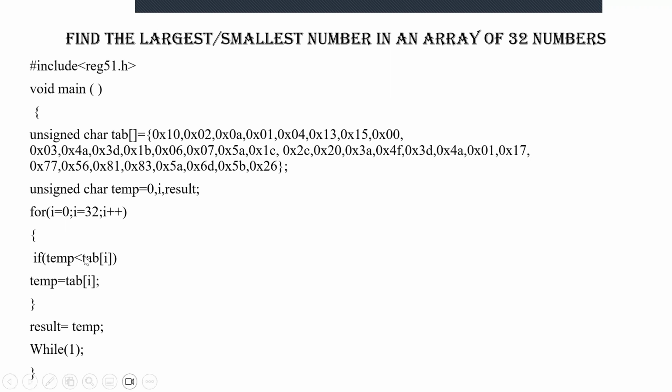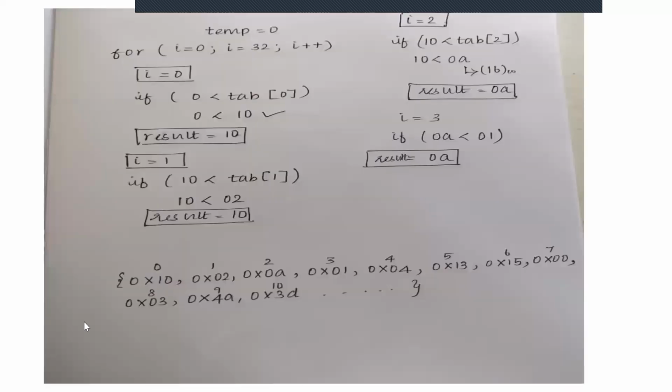So the value in tab of i will be stored in the temporary register. Now your temporary register value is 10, it is not 0. That value will be stored in result, stating that comparing 0 and 10, 10 will be the largest number.